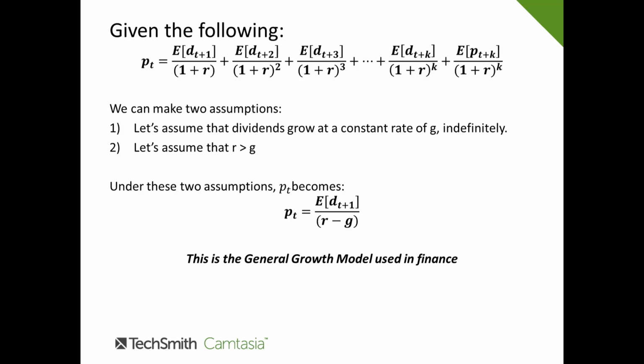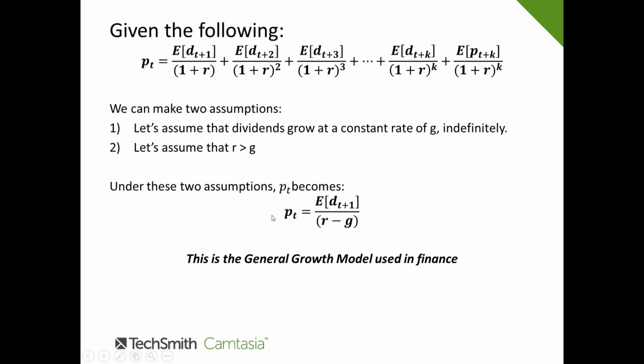Okay. Now you'll recall maybe from your introductory finance class that for the price of the asset in time period t, which is equal to this discount model, I can make two simplifying assumptions. First, I can assume that dividends are going to grow at a constant rate of g, whatever g is, and they're going to grow at that rate indefinitely. And then I'm going to assume that the required return by shareholders is greater than g.